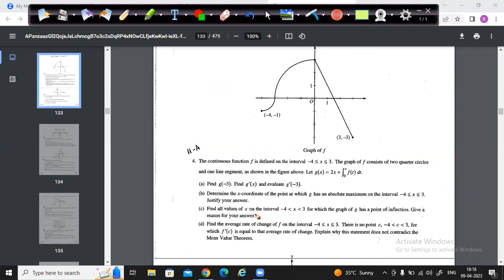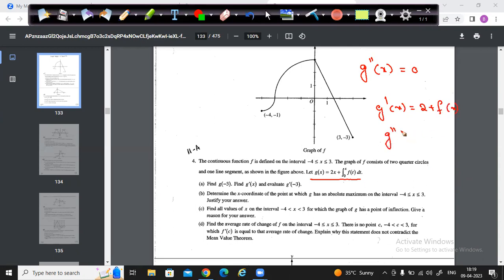Find all the values of x on the interval for which the graph of g has a point of inflection. We clearly know a point of inflection means where it goes from concave up to concave down or concave down to concave up, meaning where g double dash of x is 0. What is g dash of x here? g dash of x is 2 plus f of x.